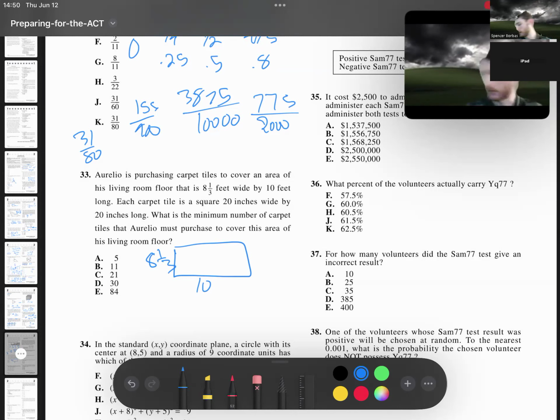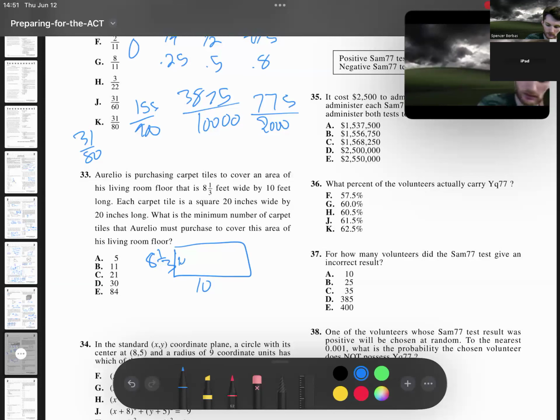All right. 20, wait, they're 12 inches per foot. So 12 times 8 plus 1 divided by 3 is 100 inches.